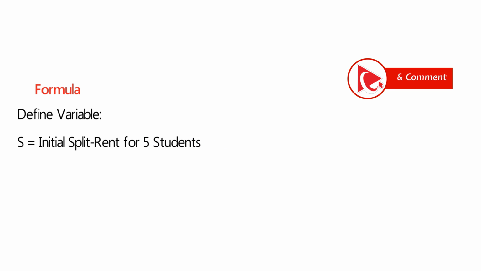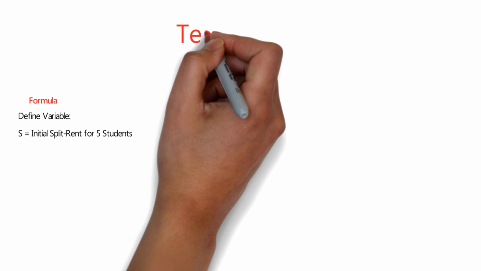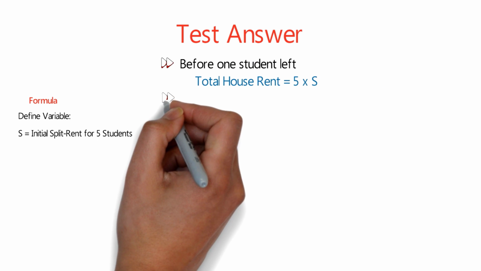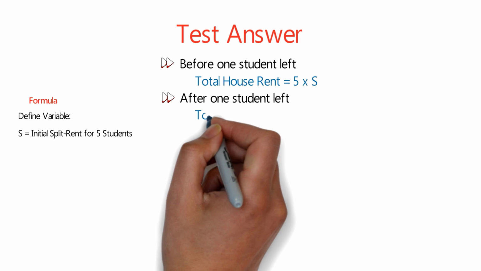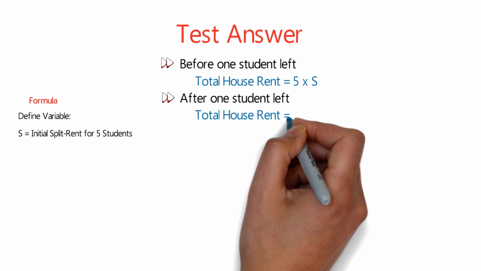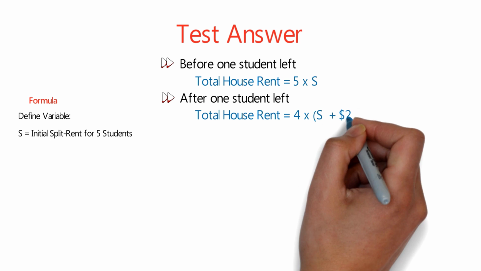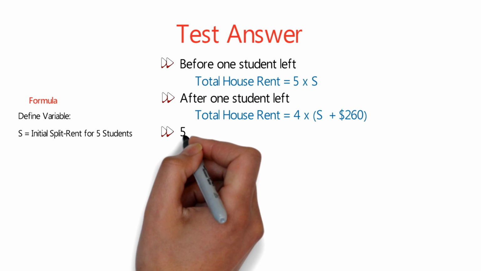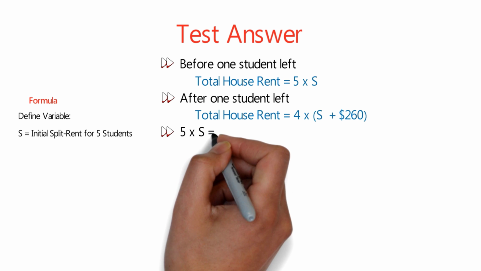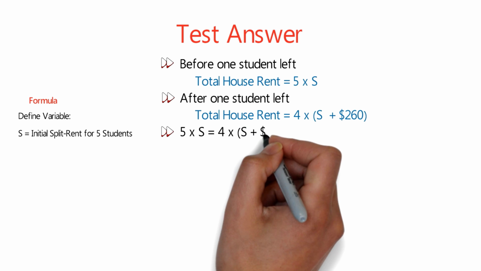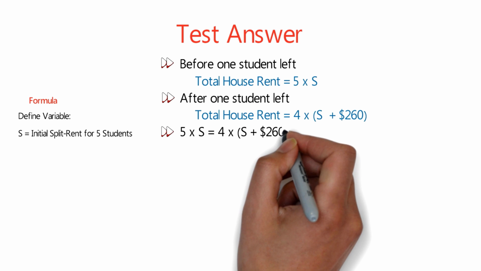Using this, we can calculate the total house rent as 5 multiplied by S, which means that after one student left, the total house rent could also be calculated as 4 multiplied by the value in parentheses S plus $260. Using both approaches, we can create an expression: 5 multiplied by S equals 4 multiplied by (S plus $260).